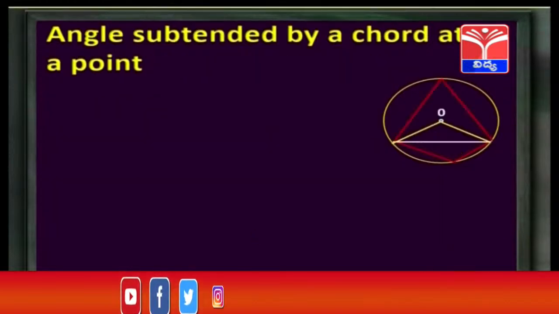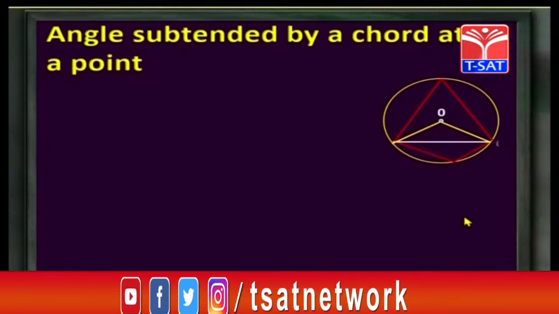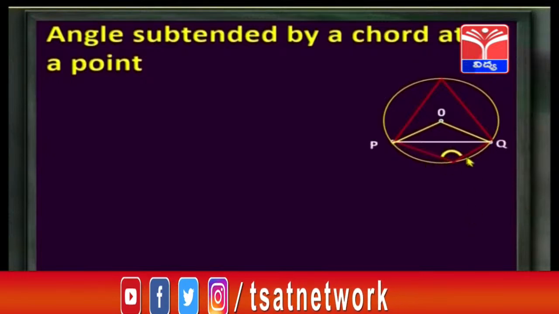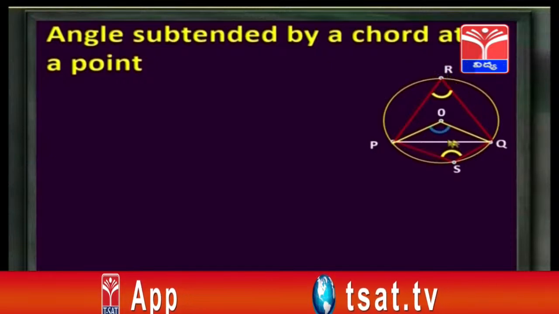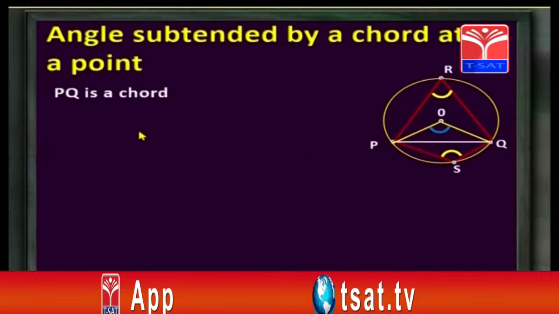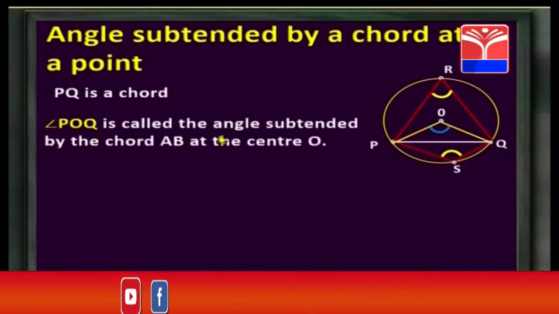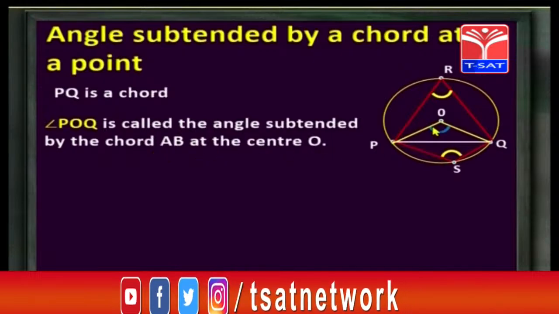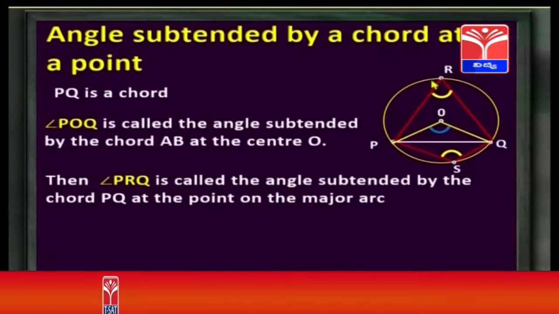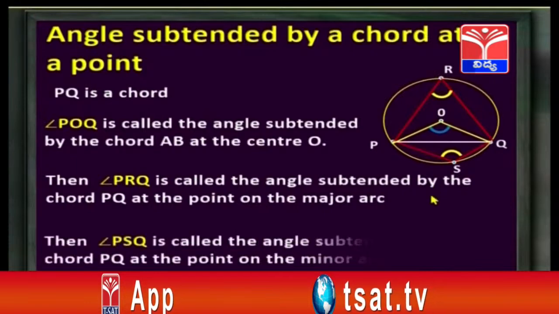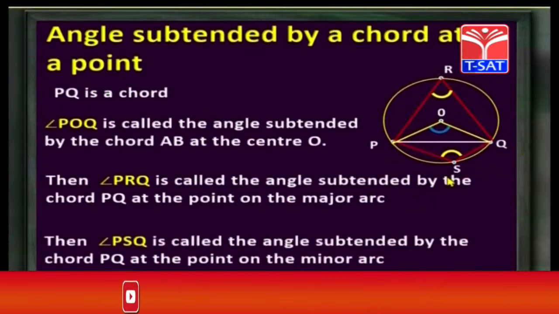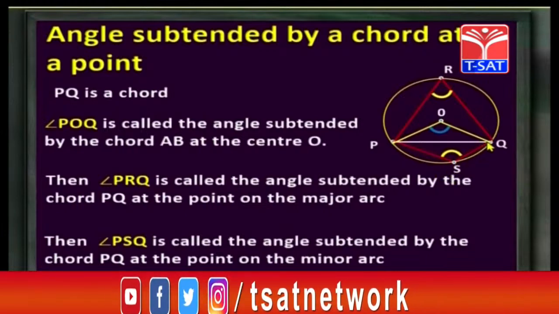Now, let us see the angles subtended by a chord at a point all together once. PQ is a chord, and this is the angle on the minor arc, this is the angle on the major arc, and this is the angle at the center. POQ is the angle subtended by the chord PQ at the center O, PRQ is the angle subtended by the chord PQ at a point on the major arc, and PSQ is the angle subtended by the chord PQ at a point on the minor arc.